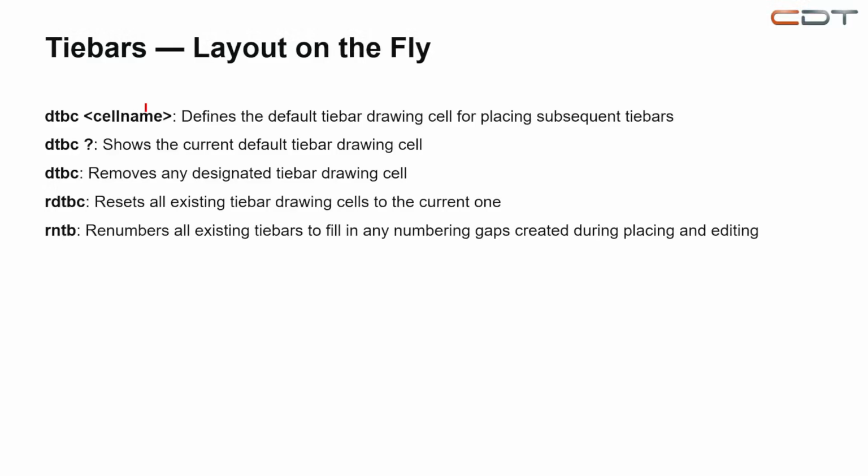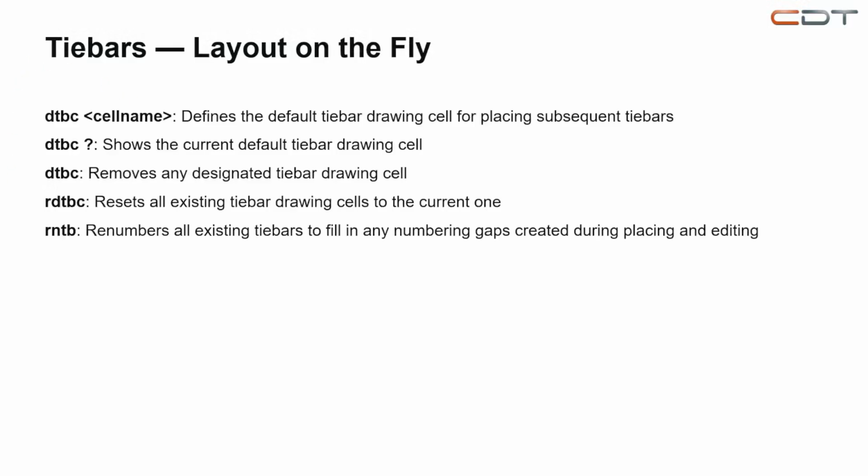DTBC question mark, it will show you current default Tiebar. DTBC plain removes any designated Tiebar drawing cell. RDTBC resets all design Tiebar drawings. RNTB renumbers all existing Tiebars to fill any numbering gaps created during placing, and so on.